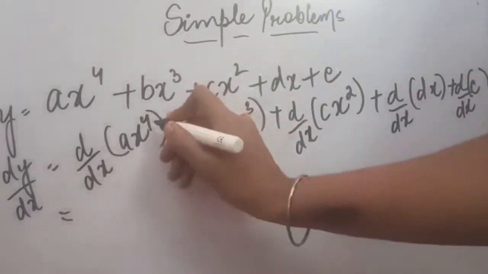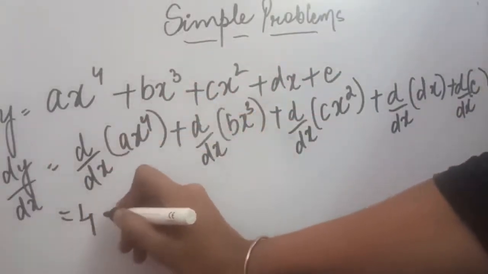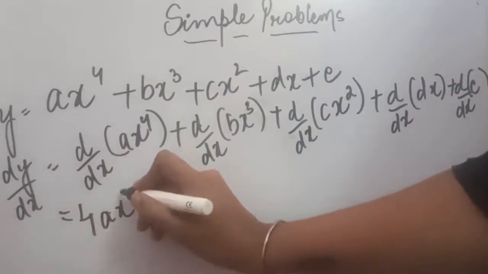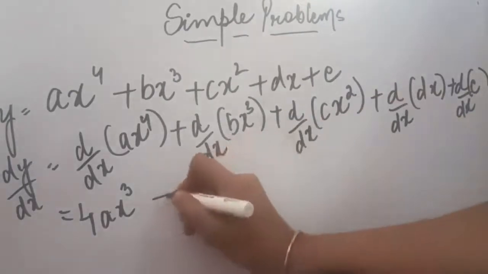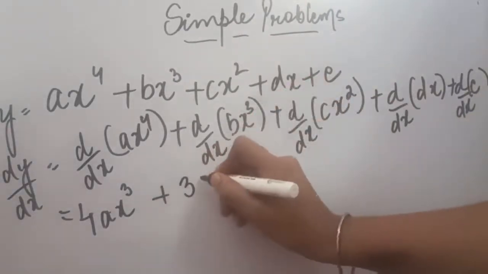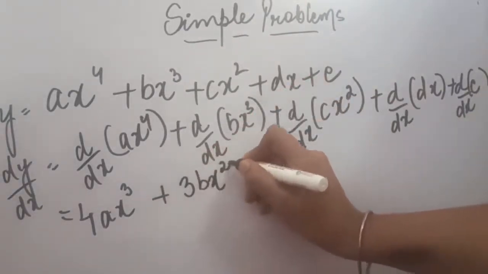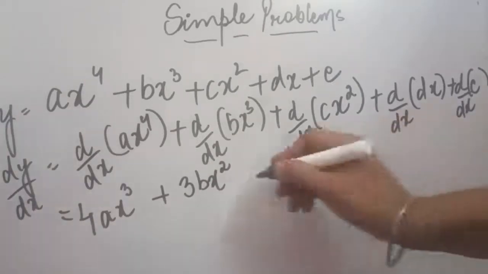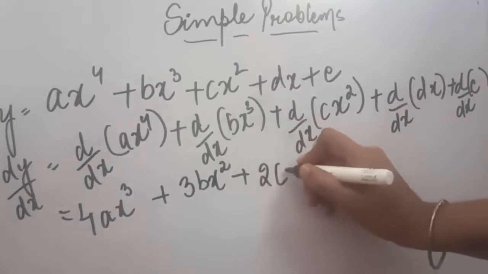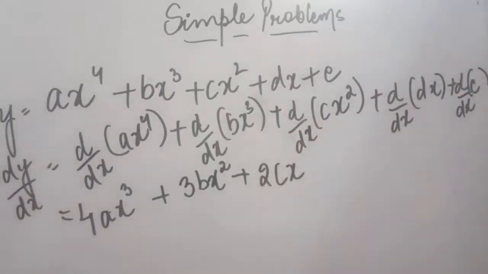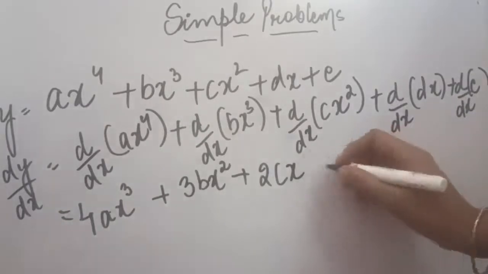Taking the derivative, the power will come in the front, so 4 will come, and the power of x will be reduced by 1, so the first derivative is 4ax cube, plus here also the power will come forward, 3bx square, because the power will be reduced by 1. Third, 2 will come forward, 2cx, the power will be reduced by 1, so 2 minus 1 is 1, so there is no need to write 1 on the power.